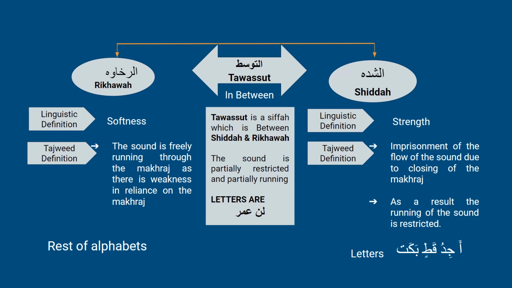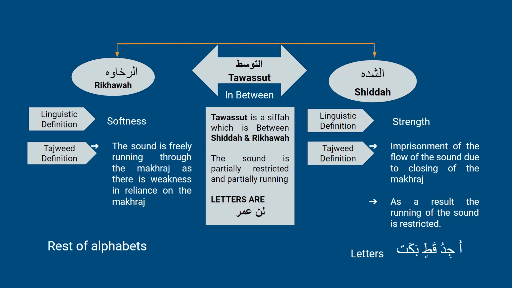That means the letters of Tawasut are such where the sound is not completely imprisoned, nor is it freely running. Means it's in between. The sound is partially restricted and partially running due to its makhraj.